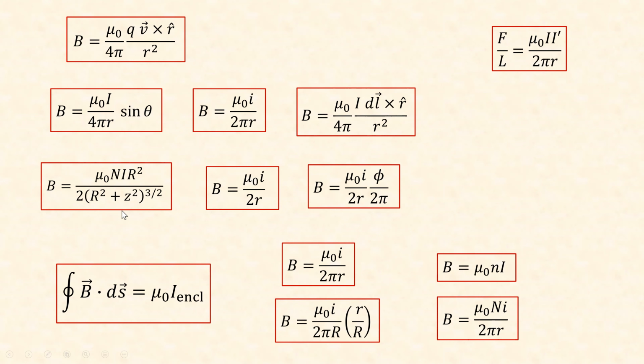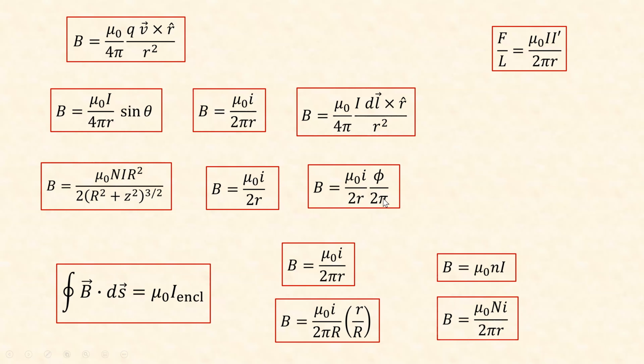This one is the magnetic field of a coil of n turns along the axis at distance z from the center. And this is the case when z is equal to 0, at the center, with only one turn of coil. This is for an arc like this, but not a complete circle, with the angle phi.